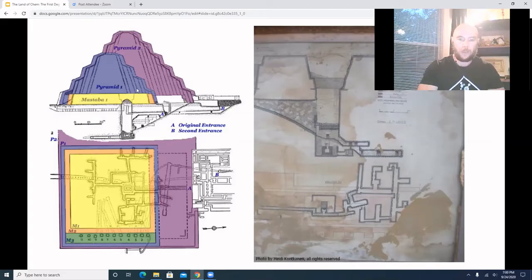And this structure underwent a series of renovations over time. So there would have been this original single level platform mastaba, and as the demand for the methane increased and the supply of the raw materials increased, the scale of production was also enlarged.